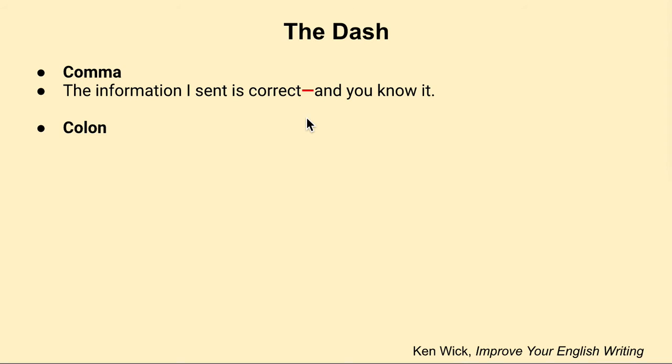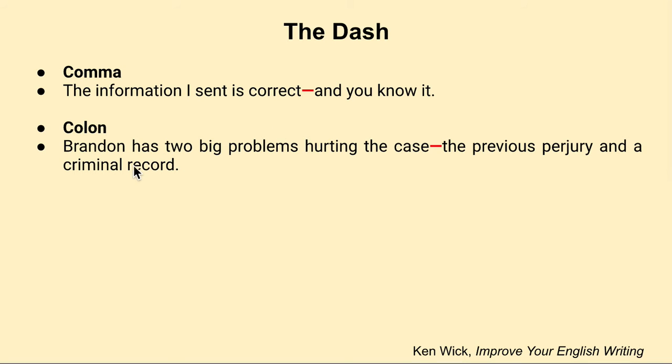Let's look at the case for the colon. Brandon has two big problems hurting the case, dash, the previous perjury and a criminal record. What you have here is an independent clause followed by a list of two items, with an and between the two items.